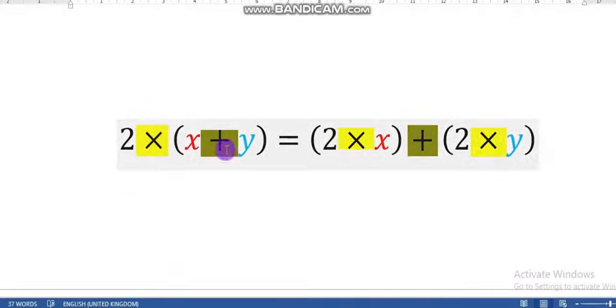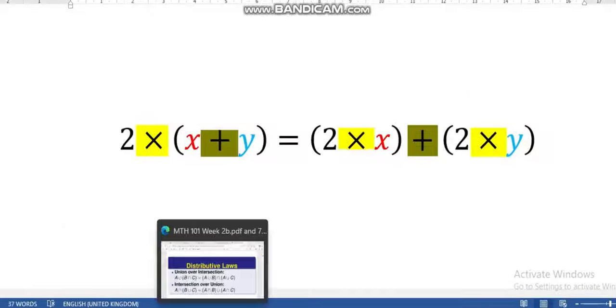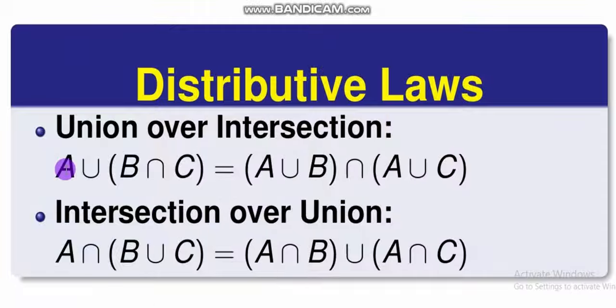So 2 times x plus 2 times y. This is identical to what we have here. Let's say you have a multiplication sign here, and this is a plus sign, and this is a multiplication sign. So this is the same as 2 times b, then plus 2 times c. This is why the union appears here, and the intersection appears here.